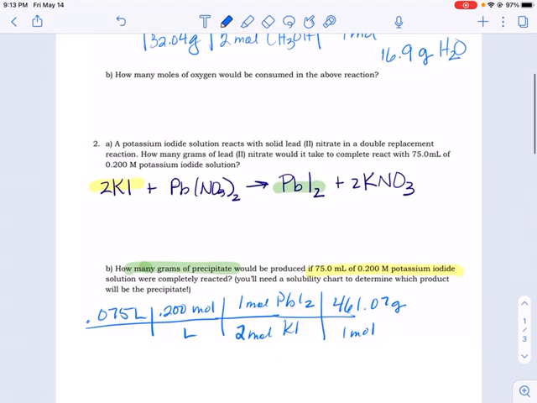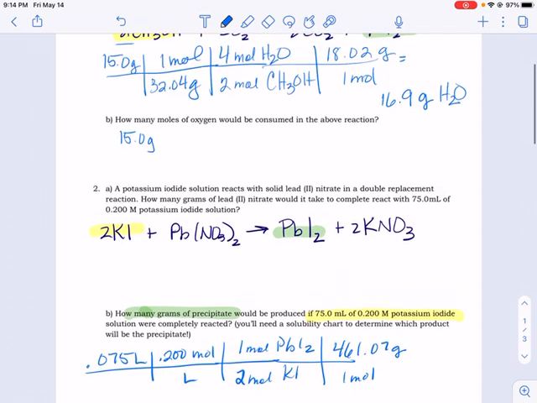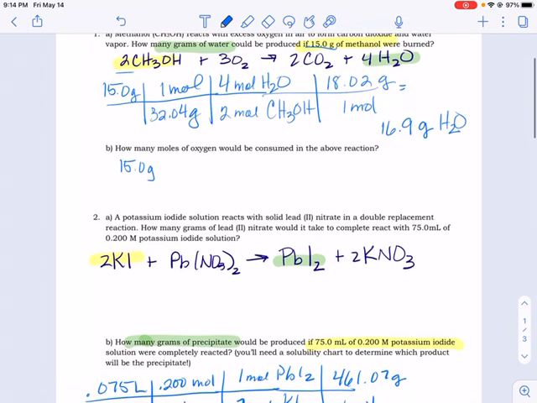How many moles of oxygen would be consumed? Well, we again start with our 15 grams of methanol, divide by 32.04 grams in 1 mole. Now I'm in moles of methanol, but this time I'm solving for oxygen.